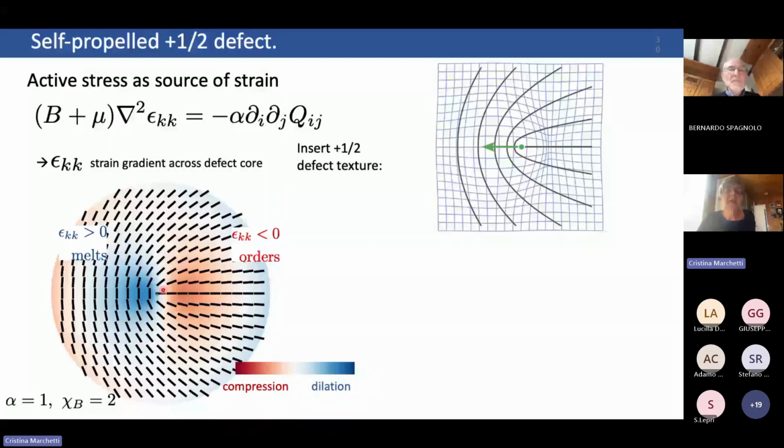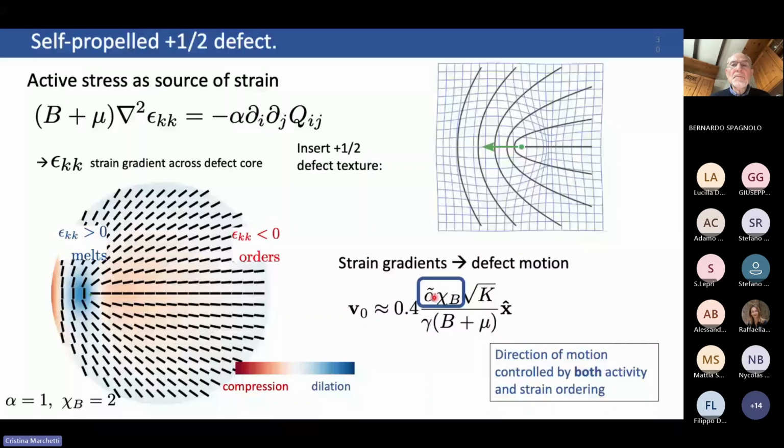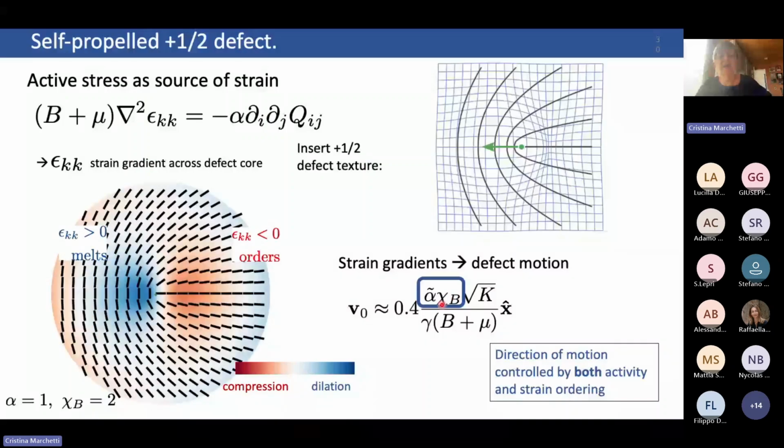And you can actually calculate that strain gradients lead to motion of the defects, and you can calculate the velocity of the defects. In this case, the direction of motion is not driven just by the sign of activity, but by the sign of both these two parameters, activity and this coefficient chi B. It's interesting because chi B presumably is driven by biochemistry, and this allows the direction of motion to be controlled by other biological processes in the system.